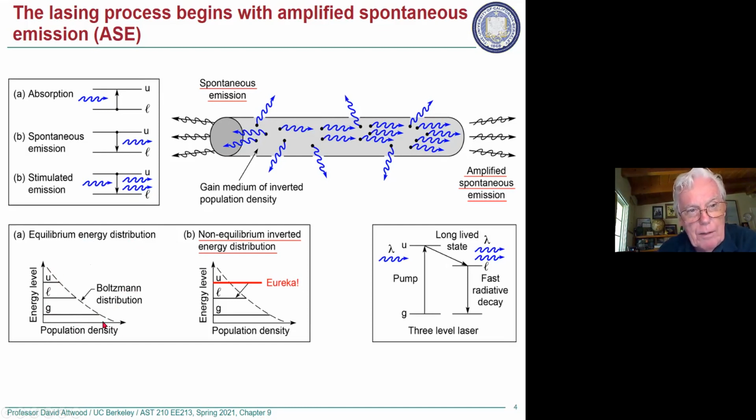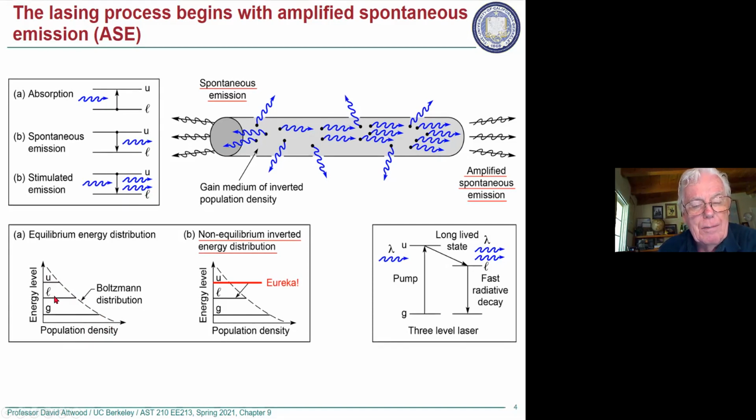But in general, if you're near equilibrium, you're going to have fewer atoms in the upper levels and more in the lower levels. So this is an important part. You need these three processes, but you need to know about your distribution. And in order to get a laser, you need more in the upper level than the lower level.